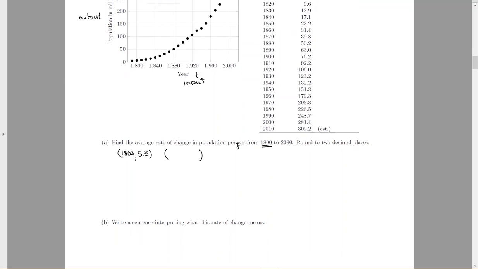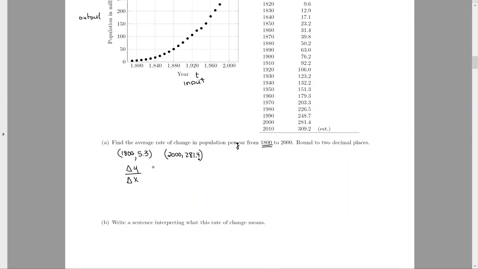My other year is the year 2000, and the population was 281.4 million. So when I do my formula, and again, I can think of it as T's and P's or X's and Y's, doesn't really matter. Change in my output over the change in my input.